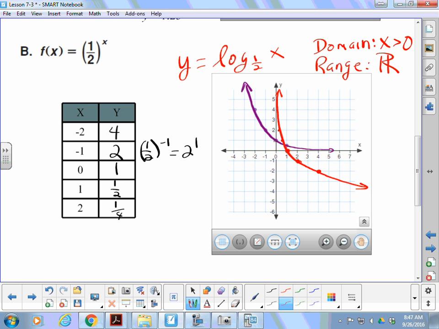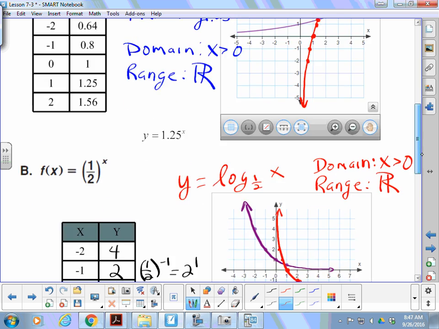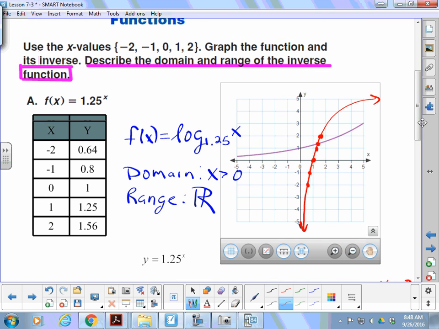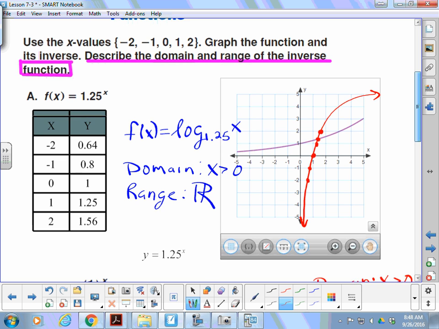And the only time that will ever change is if they say, hey, use these numbers. If it restricts everything to just these numbers, and doesn't say it's a function, then it's not all real numbers. It just depends on your values of x and y that you get.